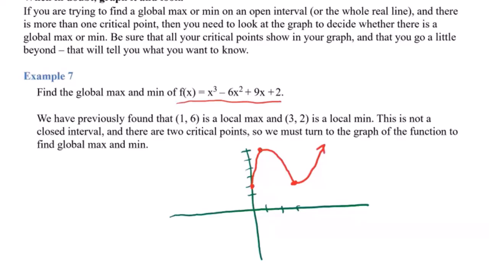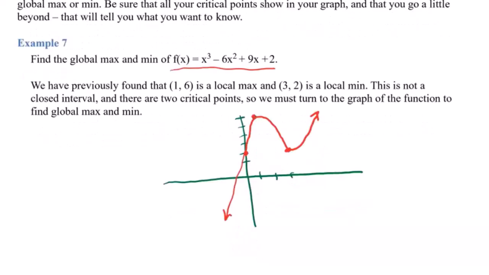And on the left side, we have no more local mins or maxes, so it can't turn up. That would give me another local minimum. There's only 2 critical points, which means this graph is going to come down like this.